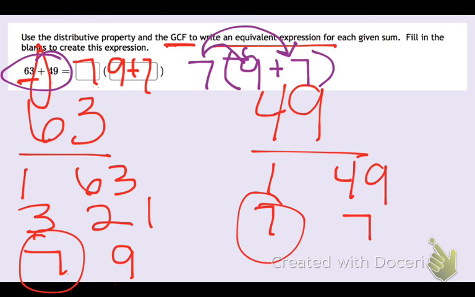So 7 times 9 is 63, I keep my addition sign, plus, and then 7 times 7 is 49. So we can say that these two expressions are equivalent. They are the same, they're equal.